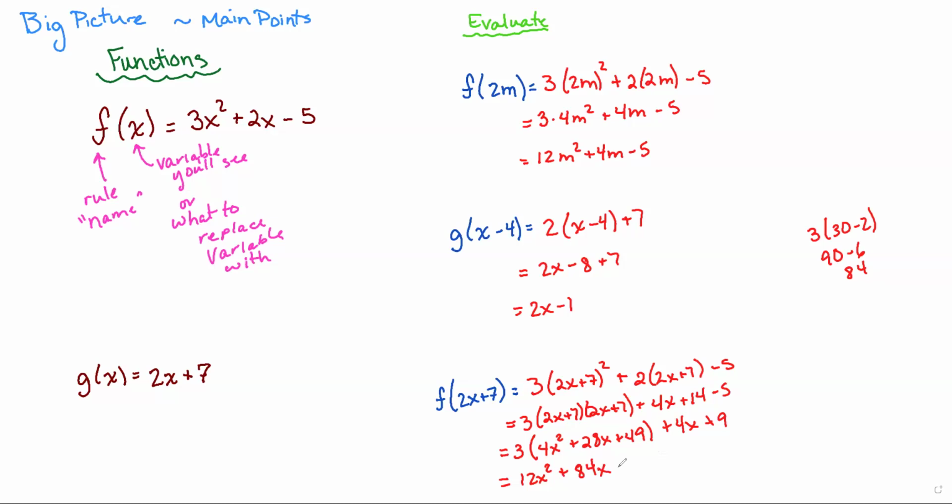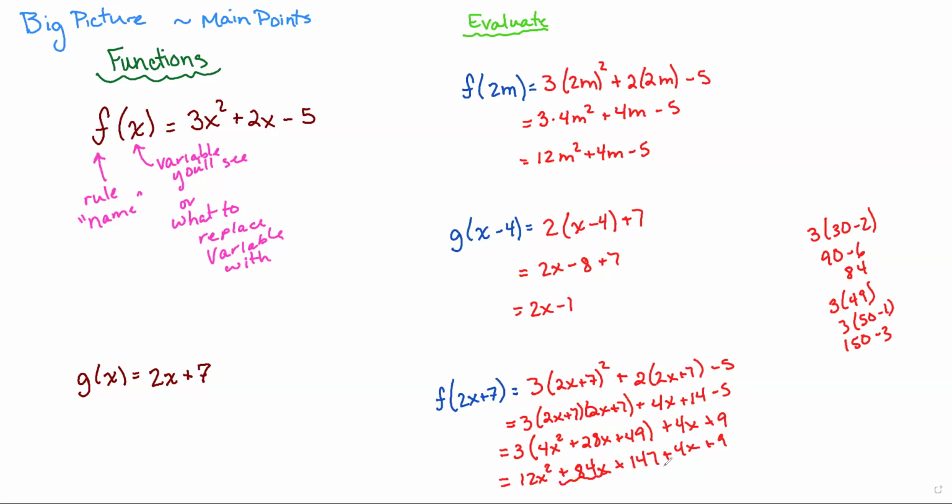84x plus 3 times 49 is the same thing as 3 times 50 minus 1, which is 150 minus 3 is 147. Okay, plus 4x plus 9. Now I have to combine my like terms.